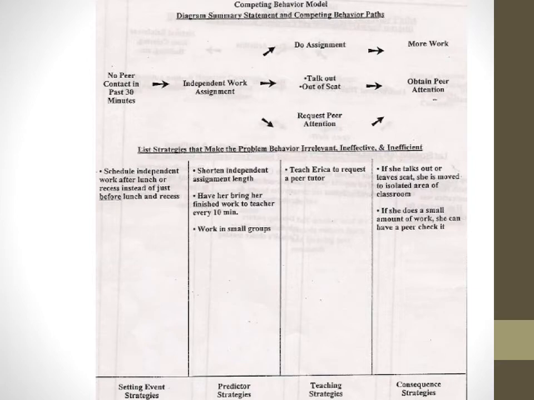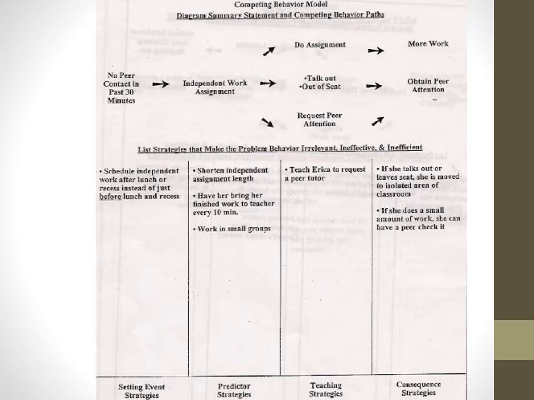For example, priming and prompting, those types of intervention can be used as antecedent intervention because you intervene before the problem behavior occurs. So that can be considered as antecedent-based intervention. However, you can just simply alter and change the setting events and antecedents.